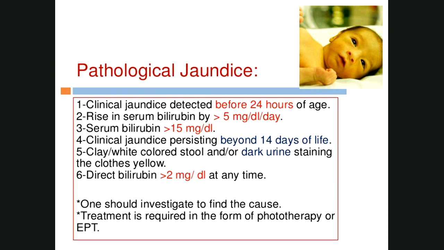But you have to realize that a baby born with jaundice before 24 hours of life has a pathologic jaundice. And you need to investigate to find out what the cause is, because treatment is required in the form of phototherapy, okay? And if you don't do that, you're going to have bad outcomes like kernicterus, okay?